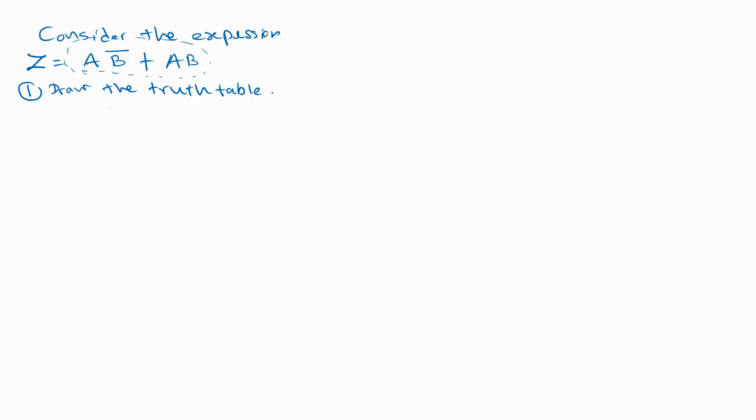So I'm going to mark A as an input, B as an input. For the truth table, we will require B bar, AB and AB bar, and we will have to have the final one, that is Z.